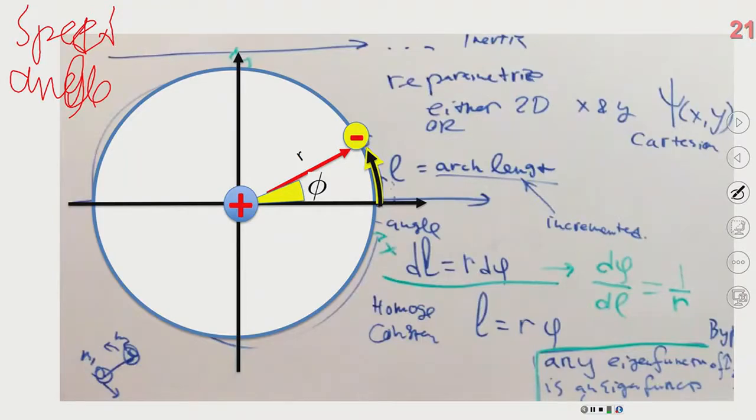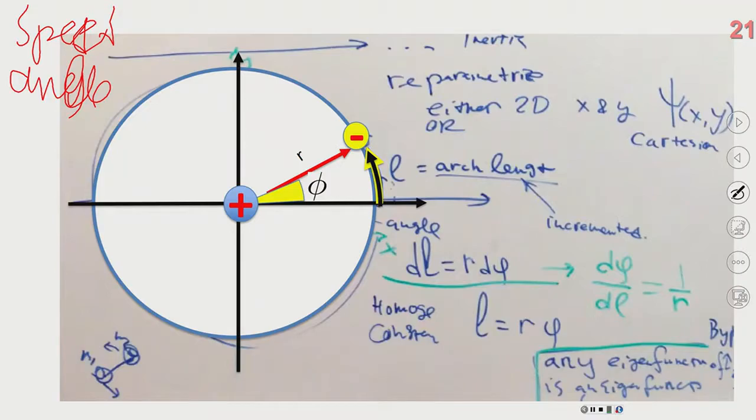Well, let me slowly walk from continuous distance to angle. Angle was the right answer. But we are already so experienced with Cartesian distances. So if the electron is moving, we can start measuring arc length from the origin along this curved path.